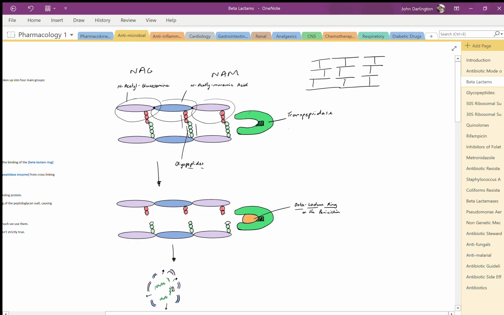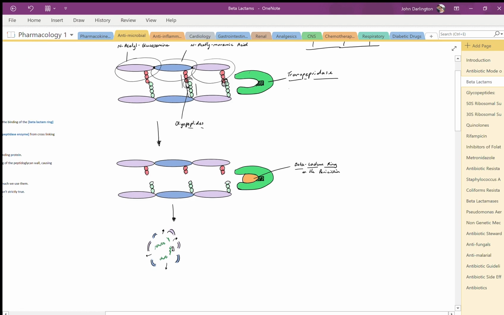Now obviously these need to be cross-linked because you have this area that's cross-linking here. There's an enzyme that does that called transpeptidase, okay? And what it does is it comes along and it joins a nice secure attachment between the oligopeptides and secures the wall. The way that beta-lactams work is that they inhibit this enzyme.